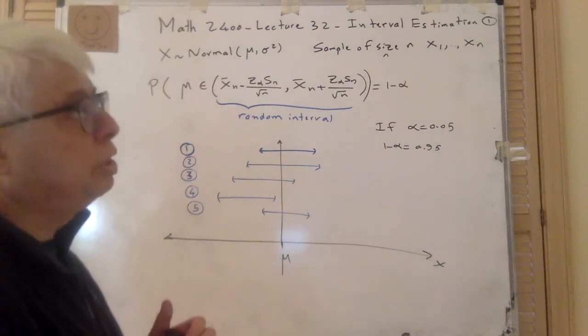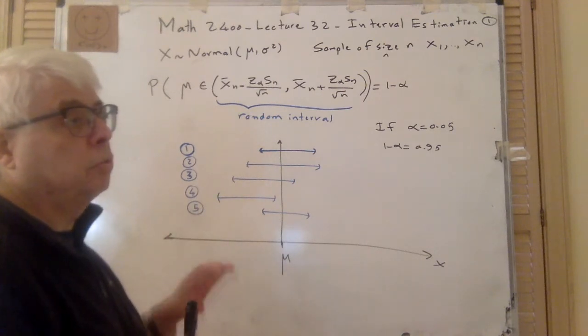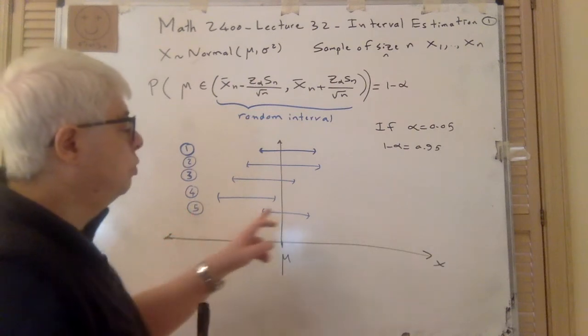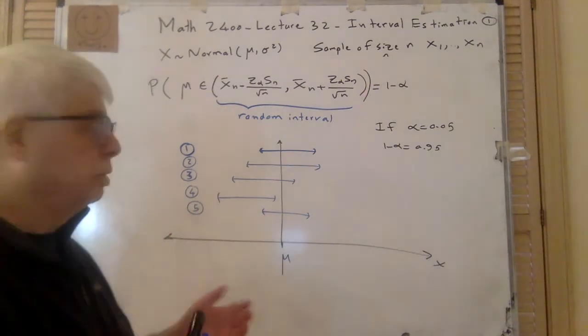So let's say 95 times on average. On average, 95 times out of 100 times that you do the experiment, you expect this mu to fall within the interval that you find. So that's the meaning of this.